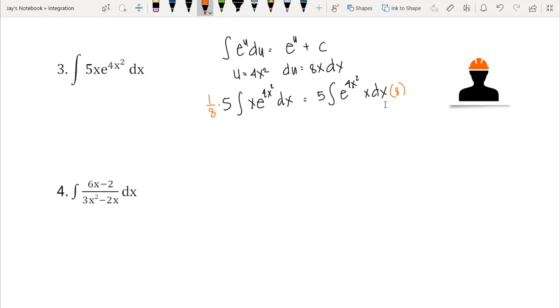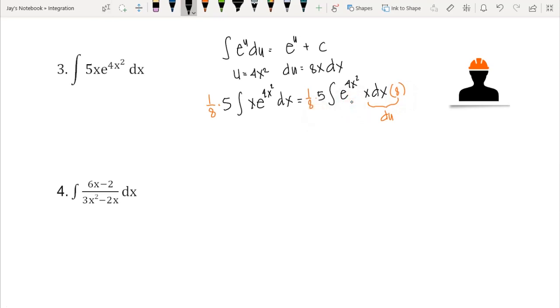Since we have satisfied already the form e^u du, we can now use this exponential rule. This entire term is now our du, correct? Since our required du is 8x dx, we introduce 8, then we multiply 1 over 8 outside of the function, right?